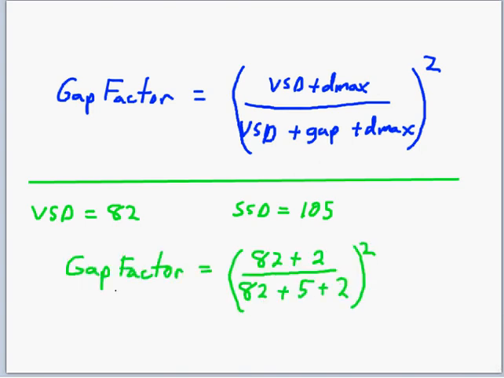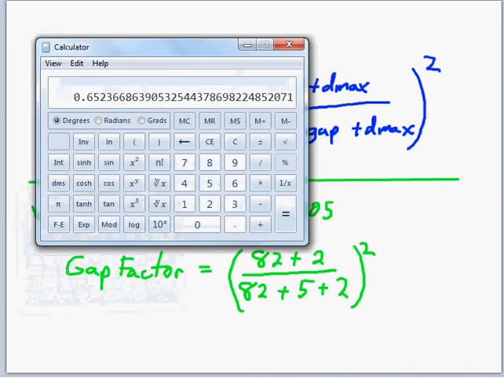In this case, the gap factor will be our VSD, virtual source distance, which is 82, plus the Dmax, which we said was 2, over the VSD 82 plus the gap, which in this case is going from 100 to 105, so it's 5 centimeters, plus our Dmax again, 2, and that squared. So we got 82 plus 2 would be 84, divided by 82 plus 5, which is 89.